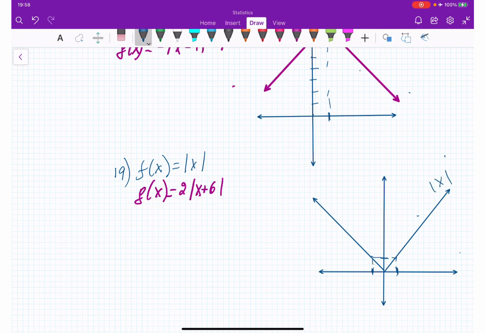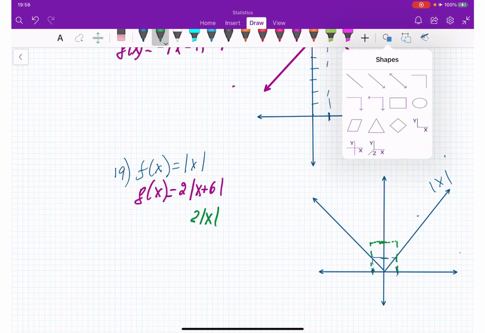Next, I'm going to build 2 absolute value of x, which means when x is equal to 1 or negative 1, y is going to be 2, right? So where is my 2? This is 1, this is 2. So it's going to go like this, positive 1, negative 1.